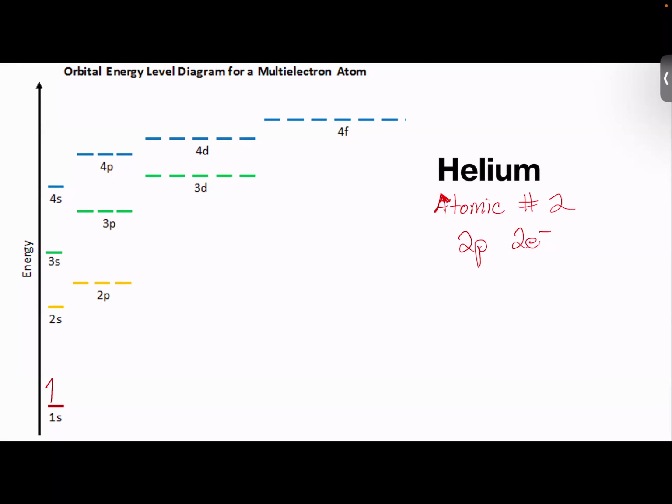The first one goes in spin up in the 1s. The second one goes in spin down in the 1s. Because each of these little lines represents an orbital, and each orbital can take 2 electrons. So each line can hold 2 electrons. We would typically write this as 1s superscript 2.